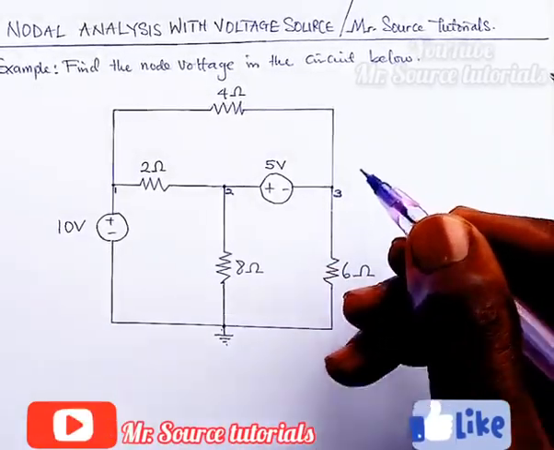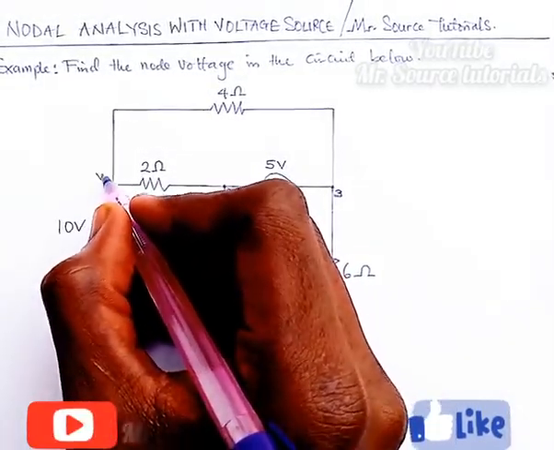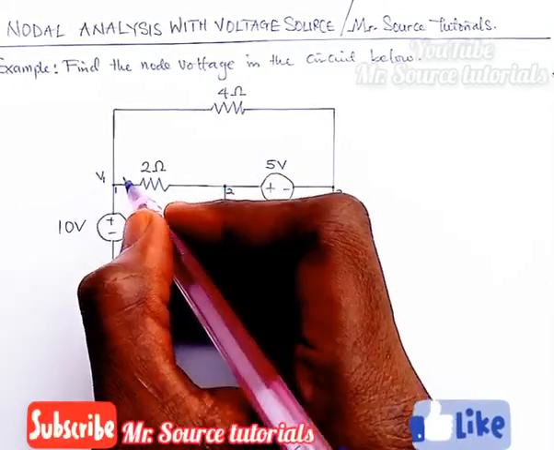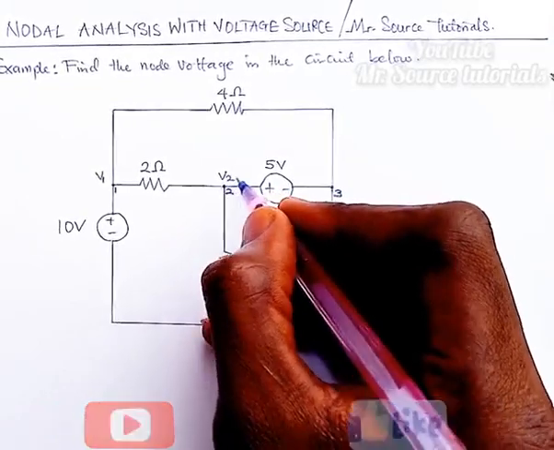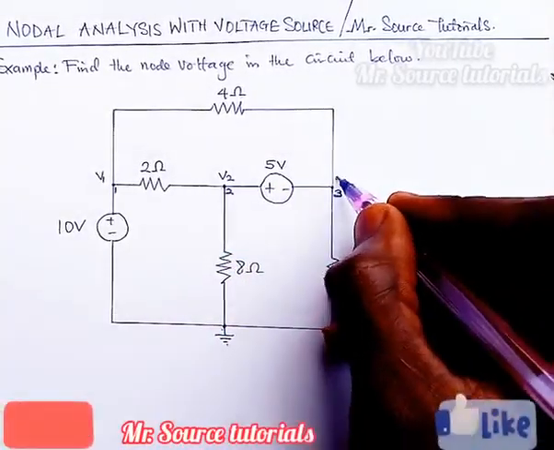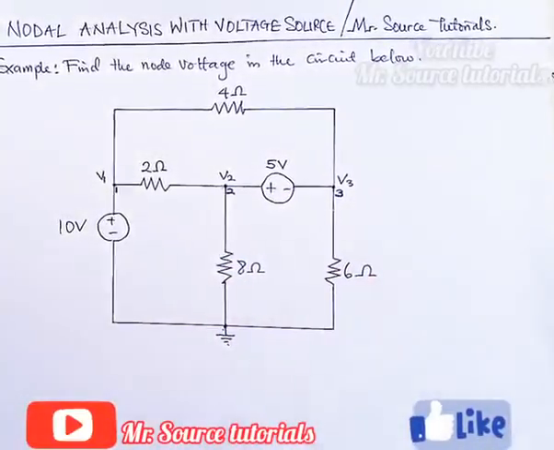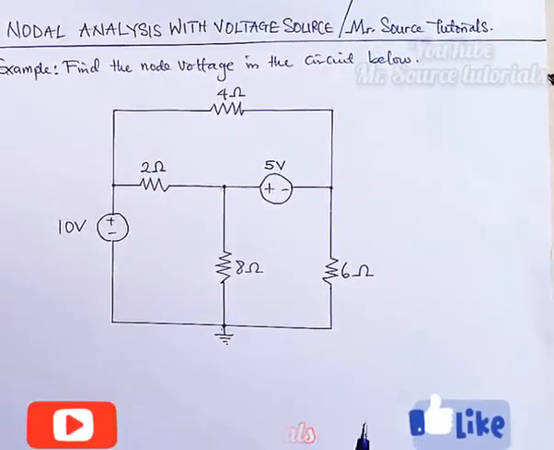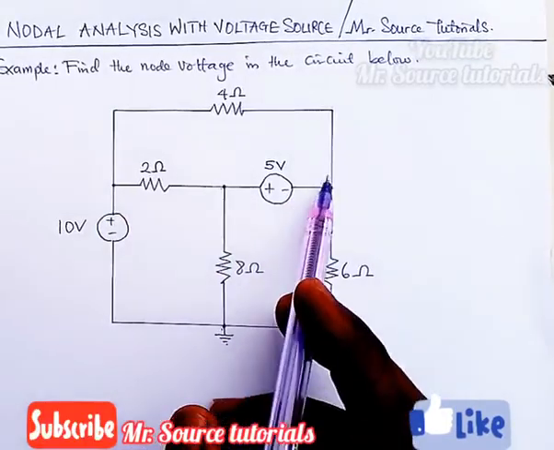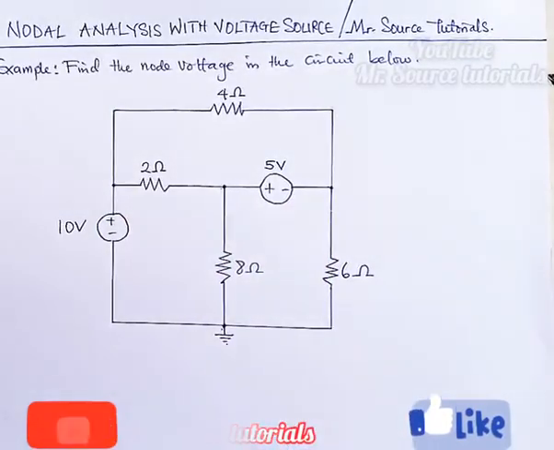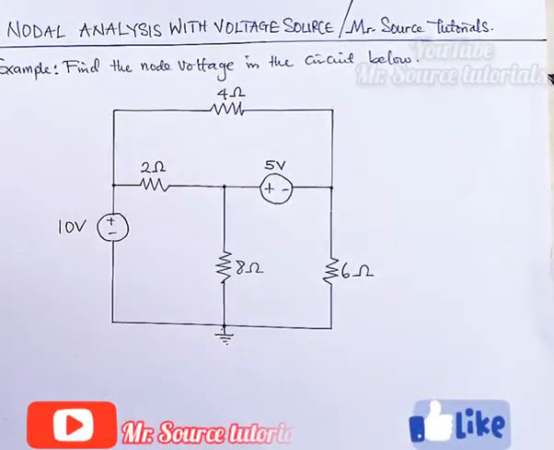The voltage at node 1 is called V1, the voltage at node 2 is called V2, while the voltage at node 3 is called V3. In previous videos we explained what we mean by a reference node and a non-reference node, so if you have forgotten, you can quickly go back and review them.